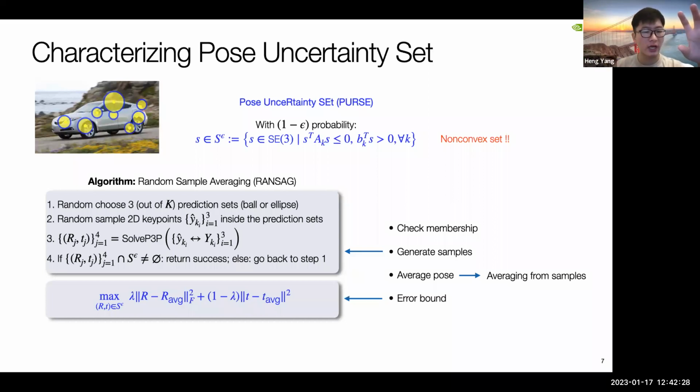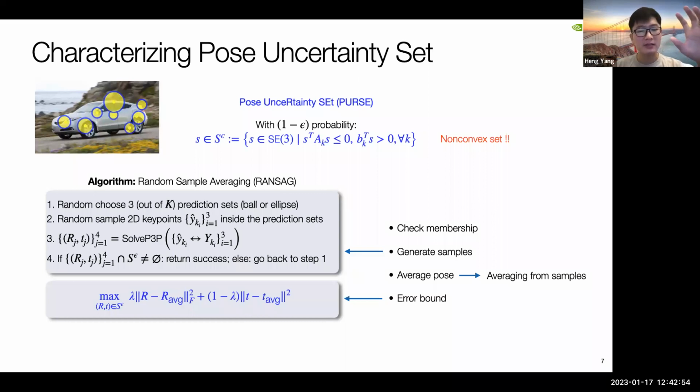Here I'm writing the cost function as an average of the rotational distance and the translation distance. But in practice, we evaluate them separately, so we only set lambda to be either 0 or 1. So we are interested in the maximum rotational distance or the maximum translation distance. And my constraint here is that I want my R and t to lie in my purse, right?